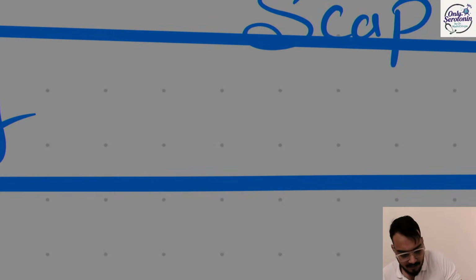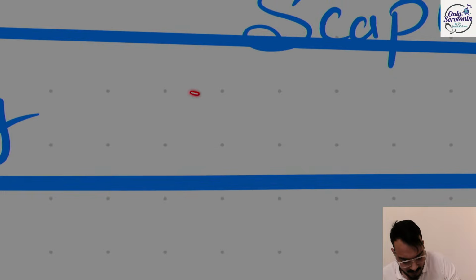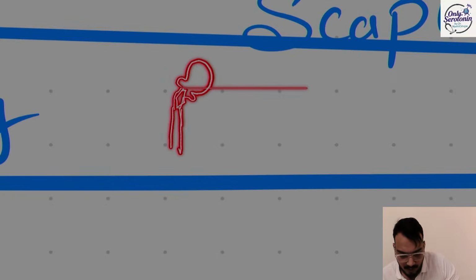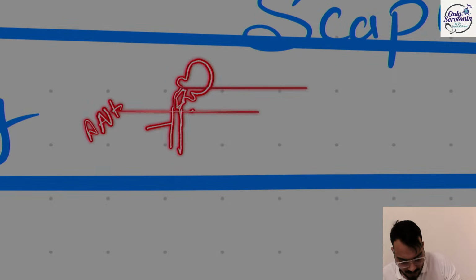We have the humerus: head of the humerus, greater tubercle, lesser tubercle, surgical neck, anatomical neck, then the shaft of the humerus. In between we have the intertubercular sulcus. Then on the anterior side of the shaft, this is the deltoid tuberosity.